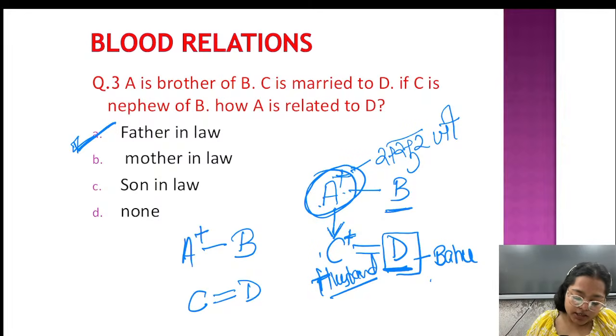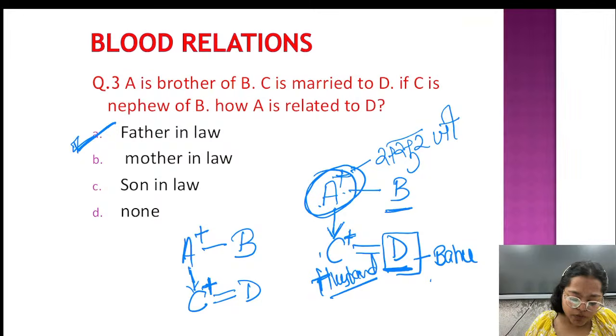Now the next statement said if C is nephew of B. Who is nephew? Basically brother's daughter, brother's son. So if A is the brother of B, automatically C is the nephew of B and the son of A.